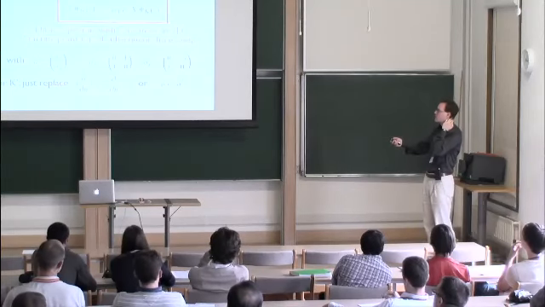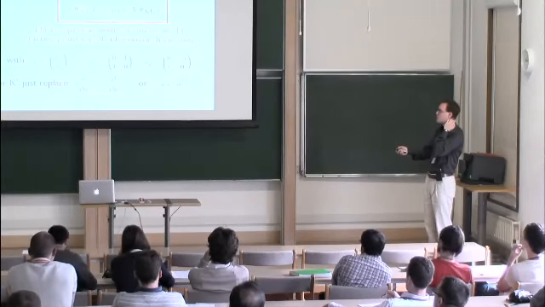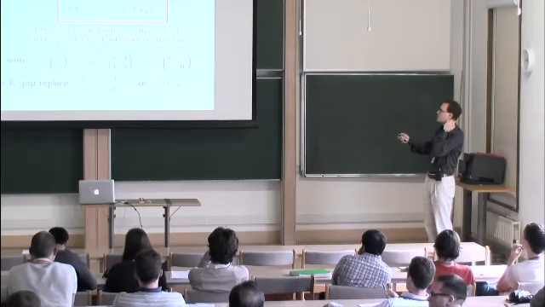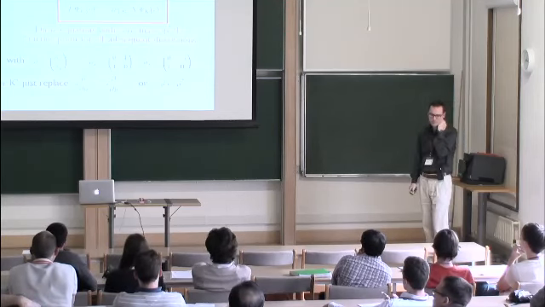That happens to be the correct equation at the K point. If you go to the K prime point, it turns out you just have to replace minus i d over dy by plus i d over dy. Okay?